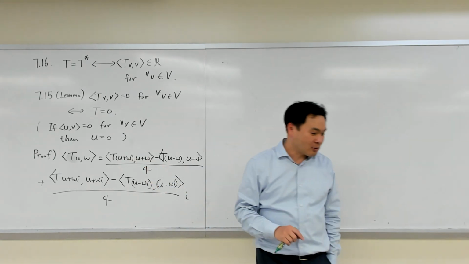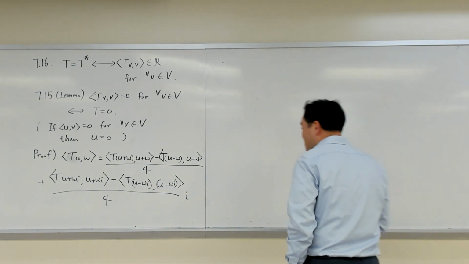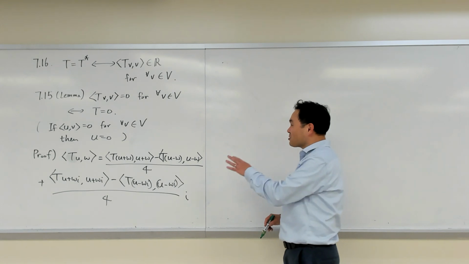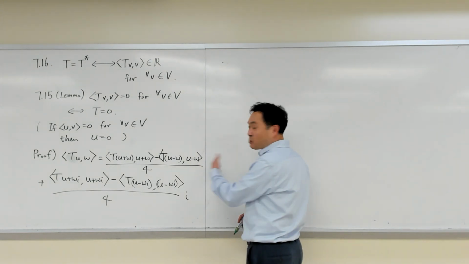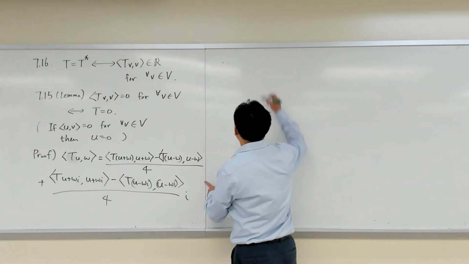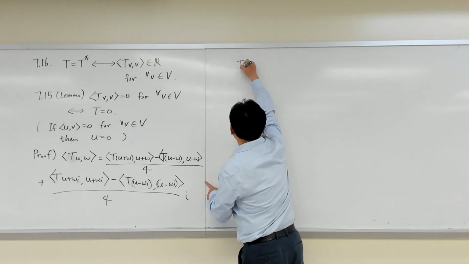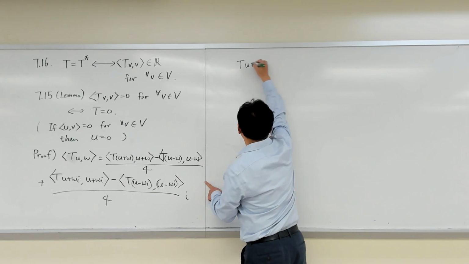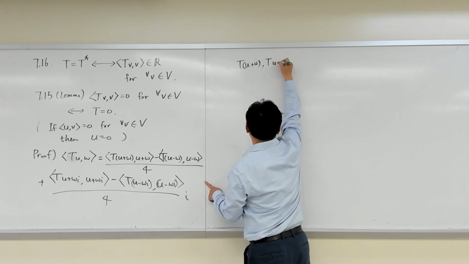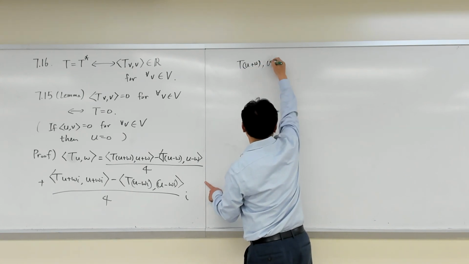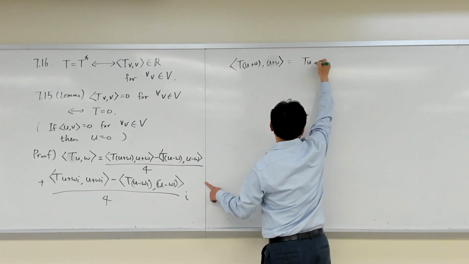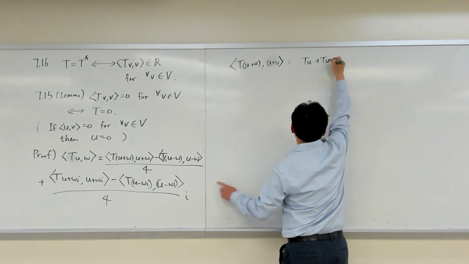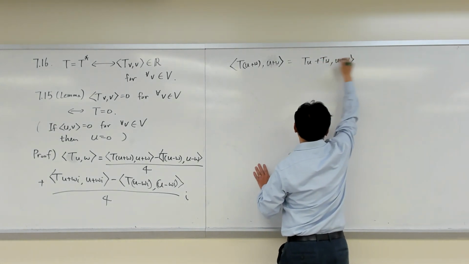So this is called the polarization identity, except that I have a T added. Okay. So that's true. And just for fun, although the book doesn't have it, let's see why this does work. It's just a straightforward calculation, but you can try this. First of all, <T(u+w), u+w> is <Tu + Tw, u+w>.